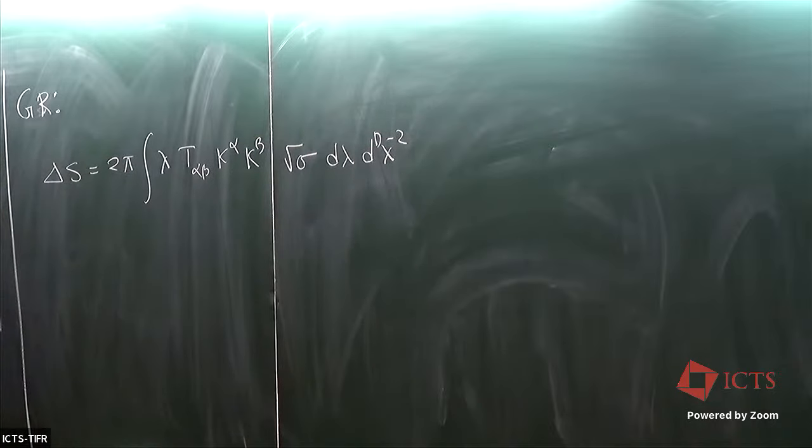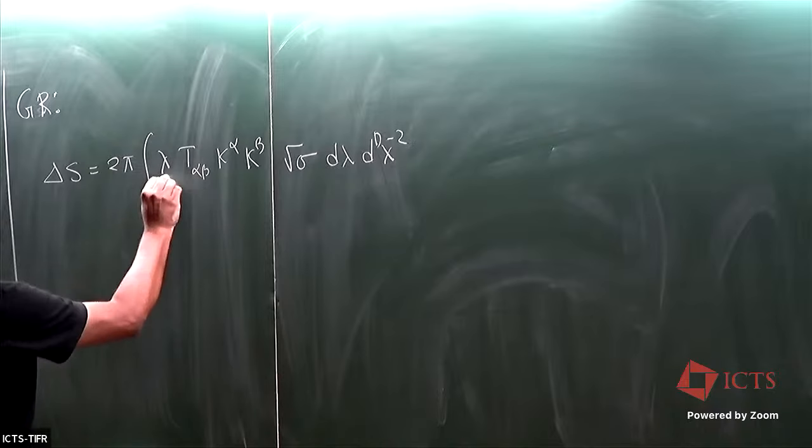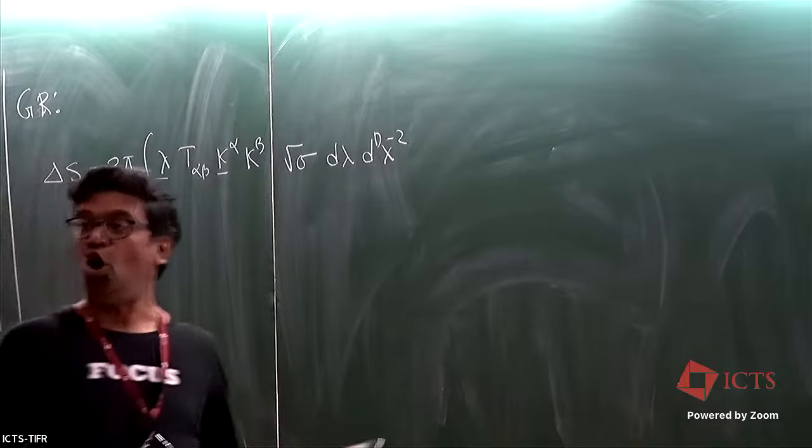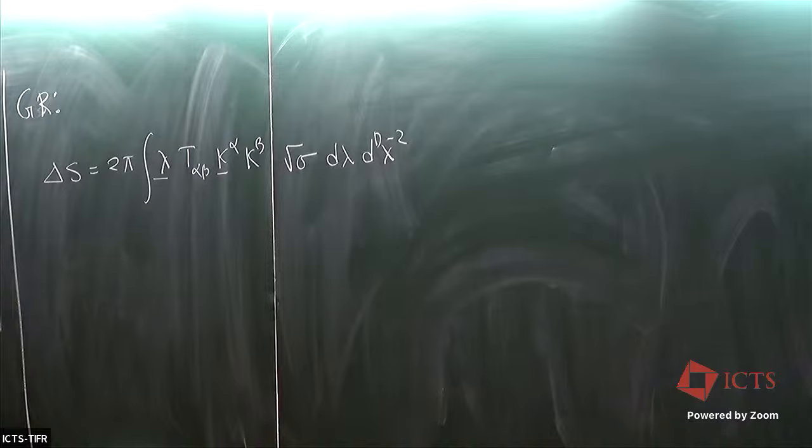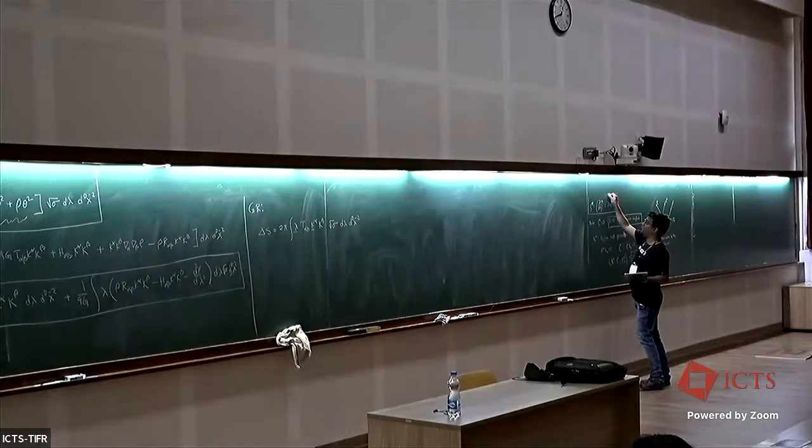Okay? Now I will do something interesting. Look at this part. There is a lambda, there is a K. On the background Killing horizon, remember, I have defined somewhere this object. This is only true if I have a pure Killing horizon. K alpha, I can think of to be the generator on either perturbed or unperturbed.